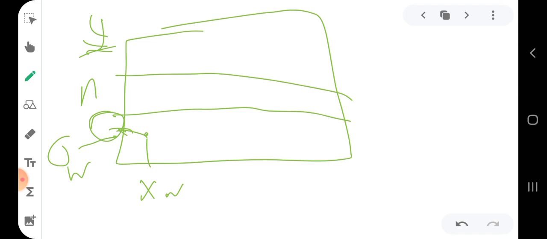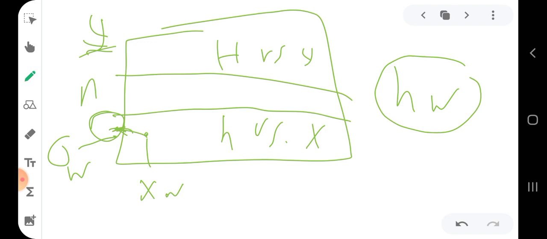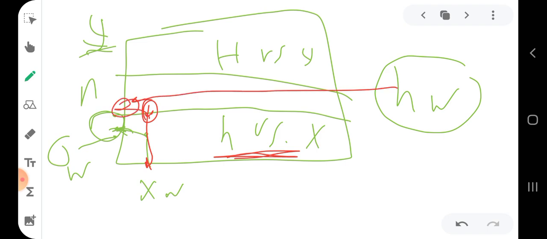I read this number from the graph, and of course you know that the top line is H capital versus Y, the bottom line is H small versus X. So how can I determine HW? Again, I start from XW, and the crossing with this bottom curve will represent my HW. So HW will be this.